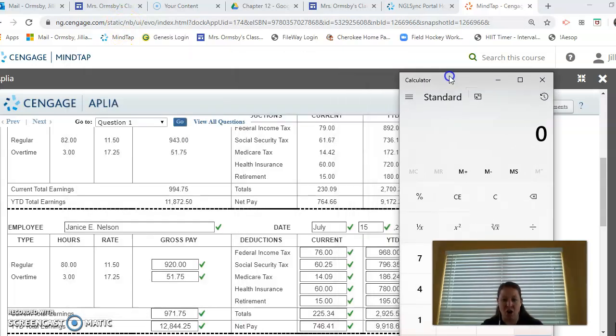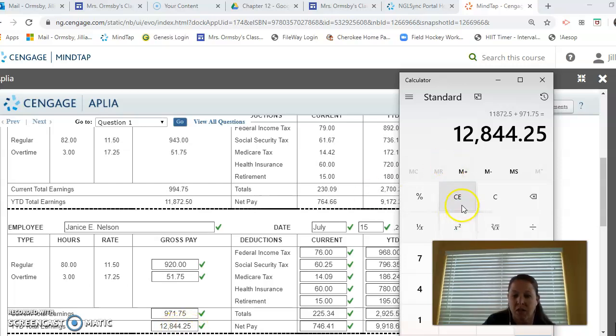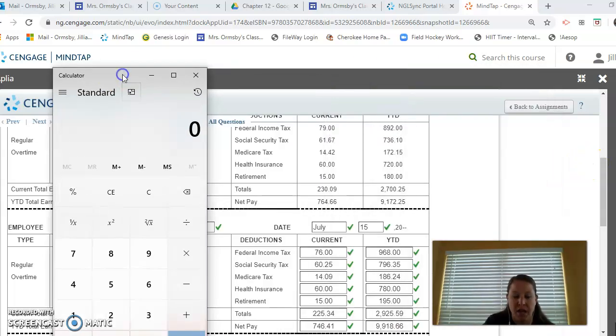We're taking our previous year-to-date total earnings, $11,872.50, and adding it with our total current earnings, $971.75. That gives us a total of $12,844.25. Our next step is then going to be to plug in all of our current deductions.